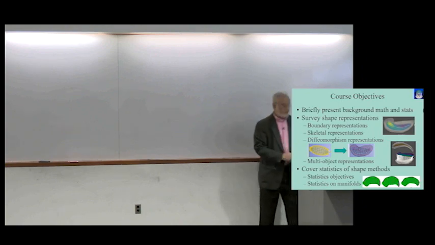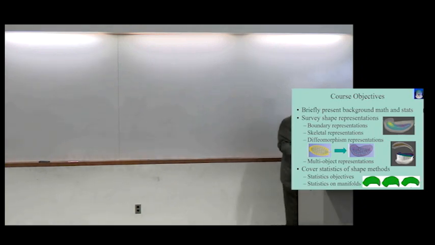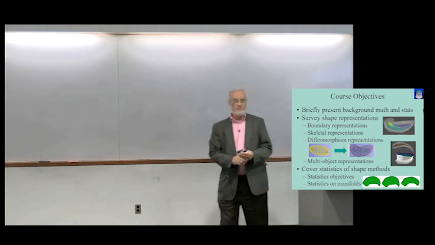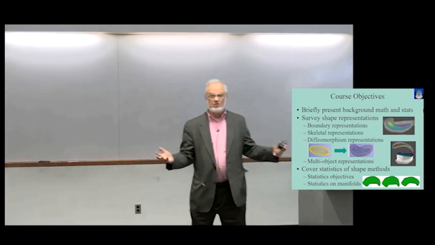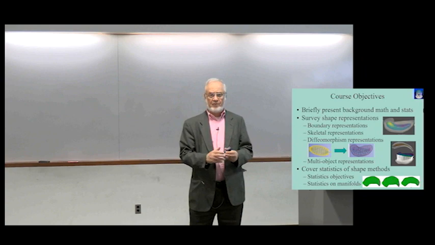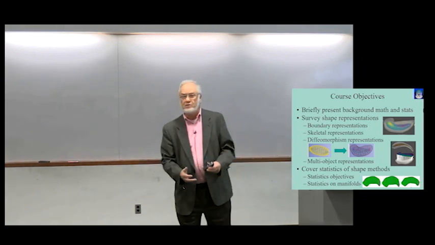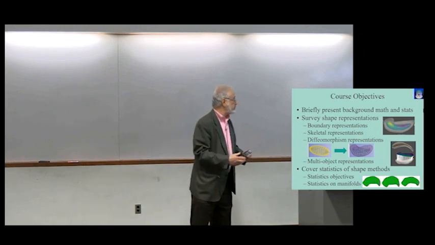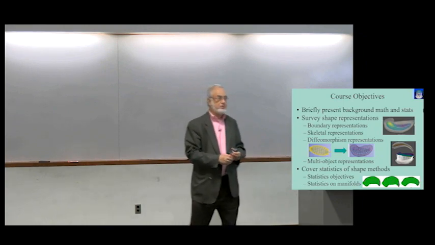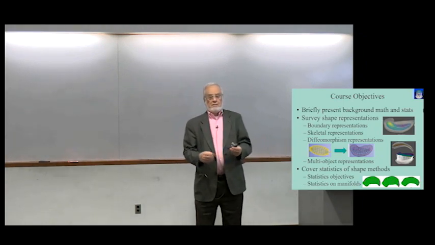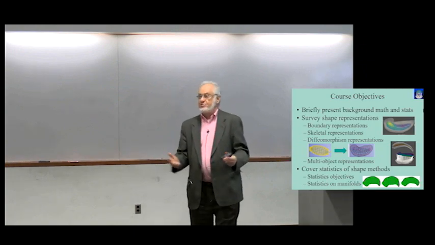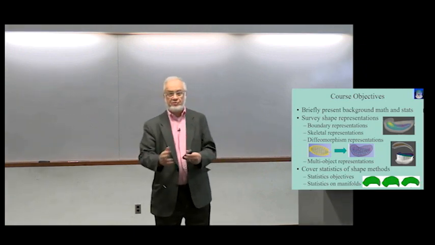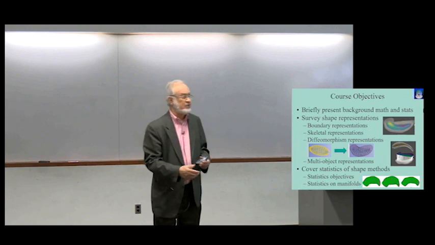And we're not going to be talking about just shape representations, but methods of shape statistics. In shape statistics, you have a population of objects, for example, across many individuals, and you're interested in doing the kind of things that statistics do. You're interested in a mean, what does an average shape look like? You're interested in how shapes vary around in the population.